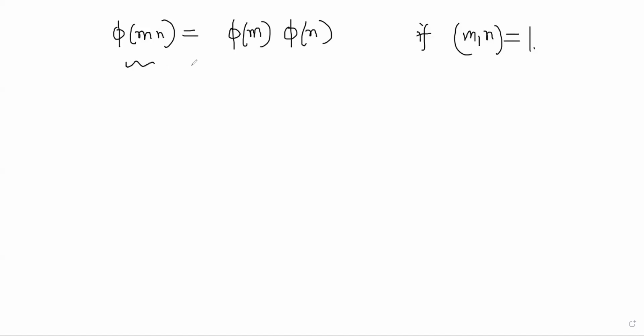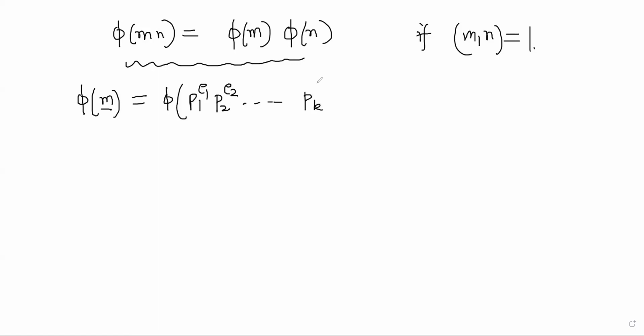Now this helps us figure out the value of phi of any number, because we can say phi of m is equal to phi of, let's say m's factorization was p1 power e1, p2 power e2, and so on till pk power ek. Since each of the prime powers are co-prime with each other, we can use the multiplicative nature to write it like this.